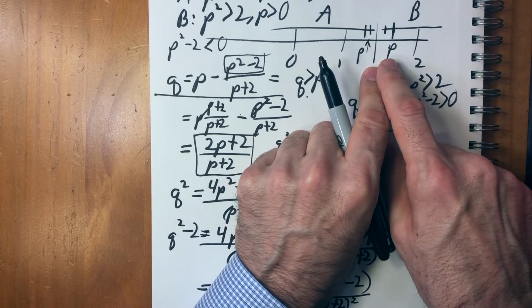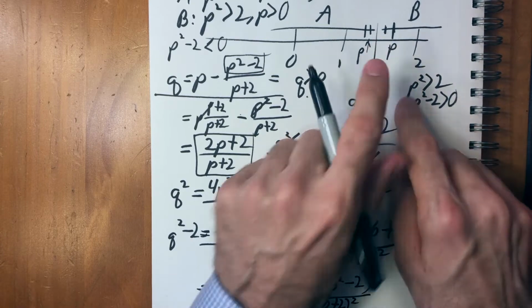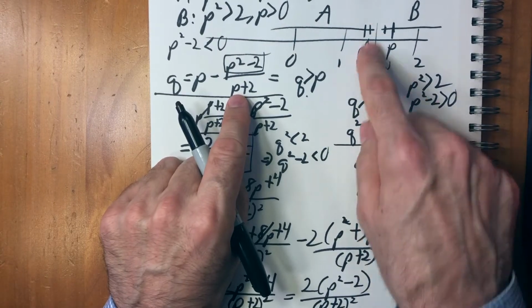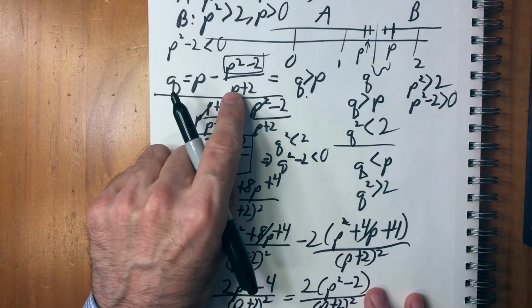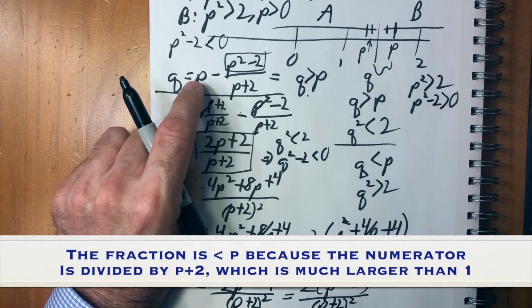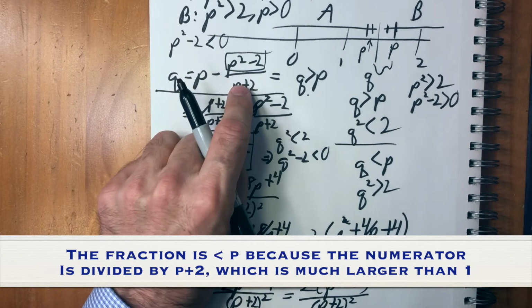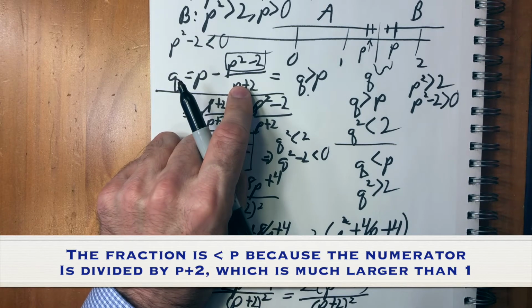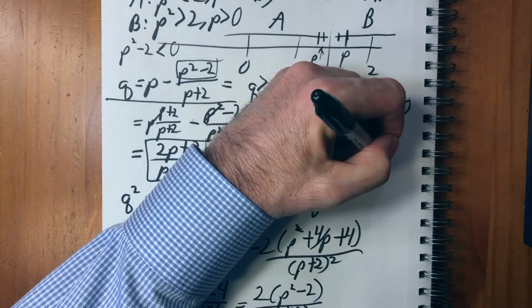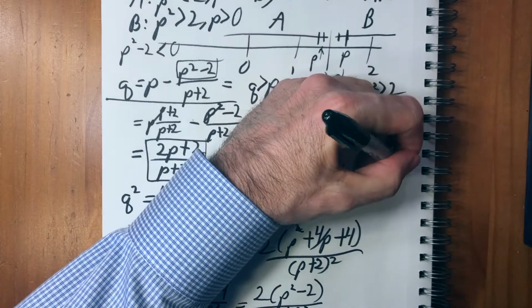And so p squared minus 2 is just the difference between p and the barrier. So this number is much smaller than p. So it's going to be smaller than p, but still bigger than 0. So we've shown here that 0 is less than q is less than p.